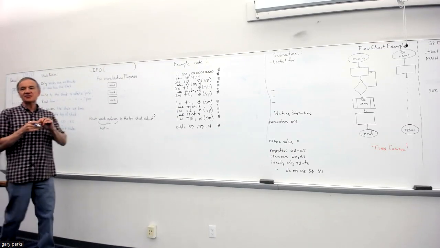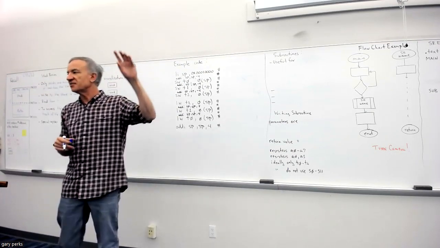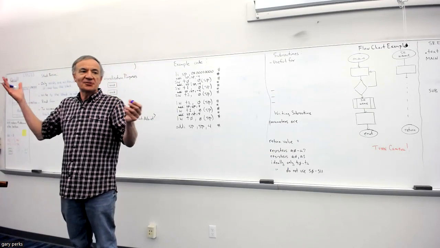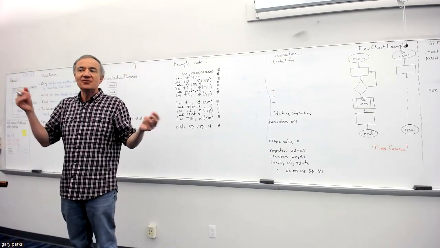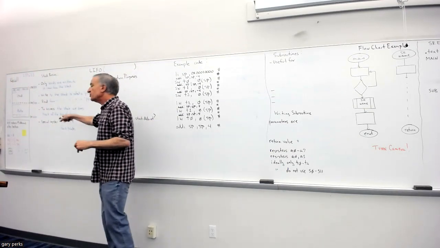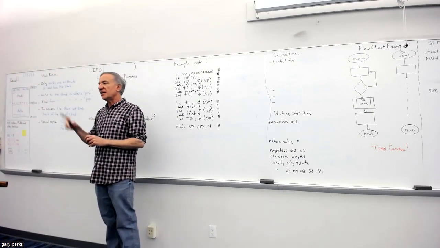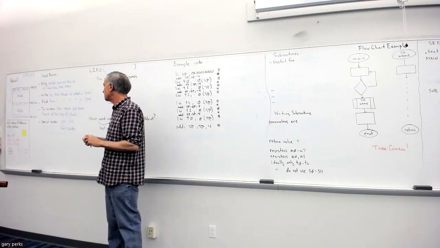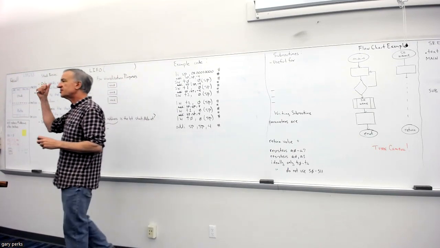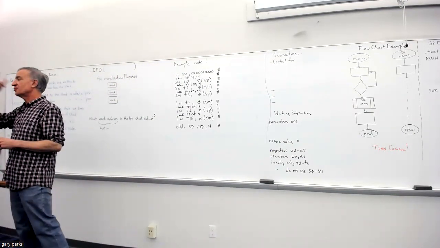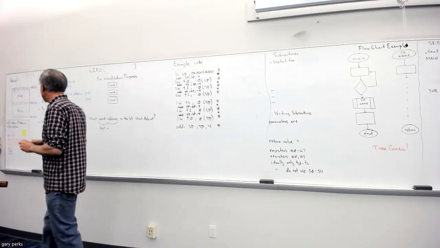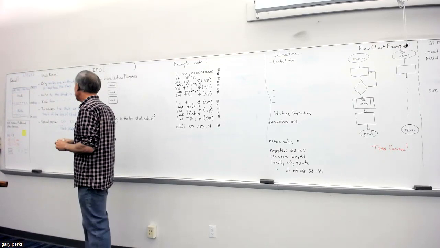Remember how we said there's 5 special registers, right? X0 through X4. X0, the 0 register, because it always has content 0. X2 is the stack pointer. X1 is the return address register that we'll get to when we get to subroutines. And then there's 2 others. I forget, it's global pointer and thread something, but we're not going to use those, so you don't have to worry about them. That's X3 and X4.